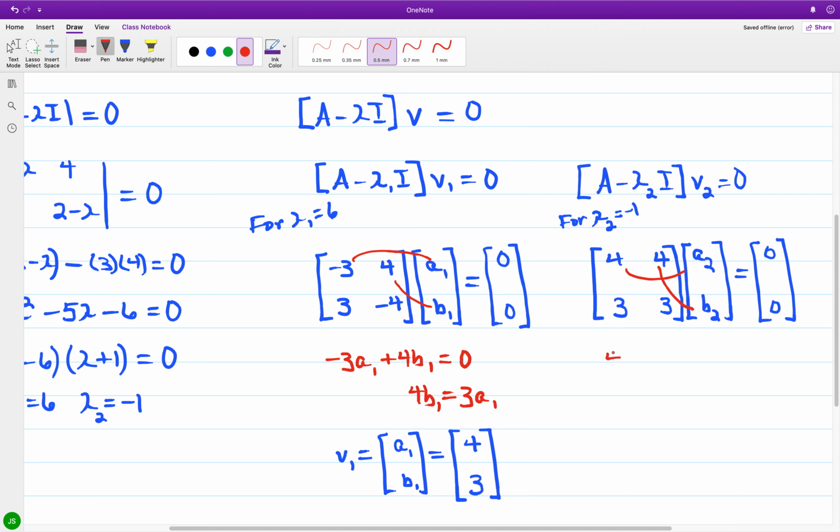And we'll just say we have for A of 2 plus 4 times B of 2 is equal to 0.